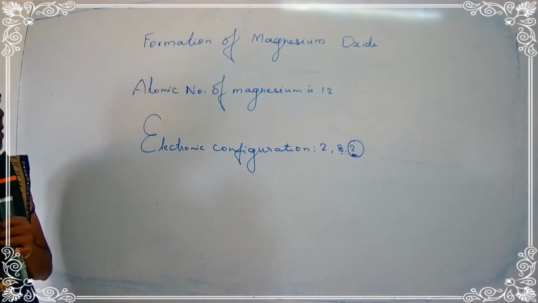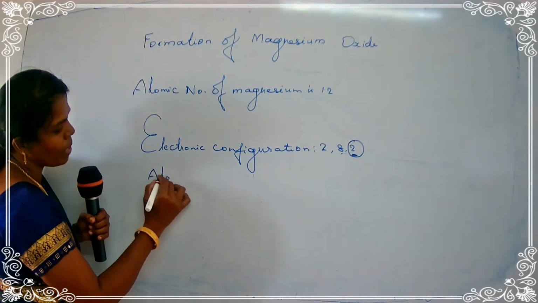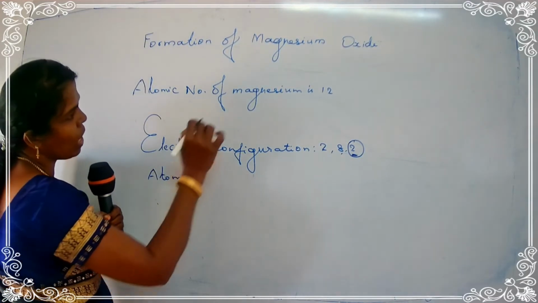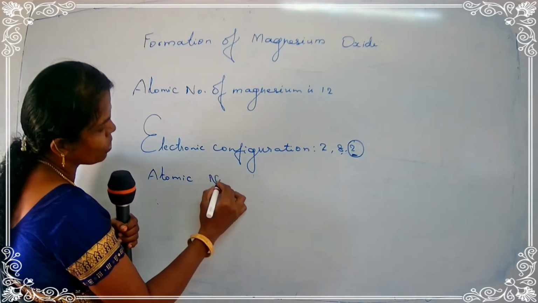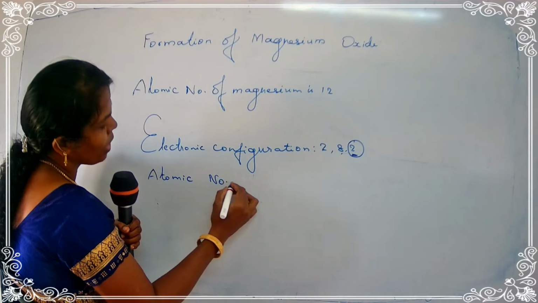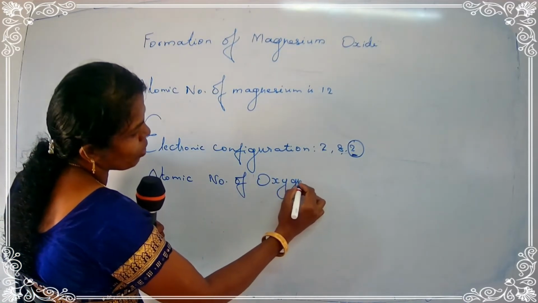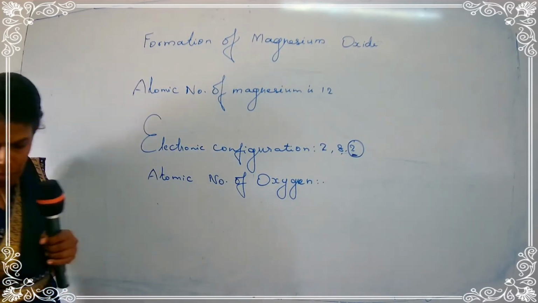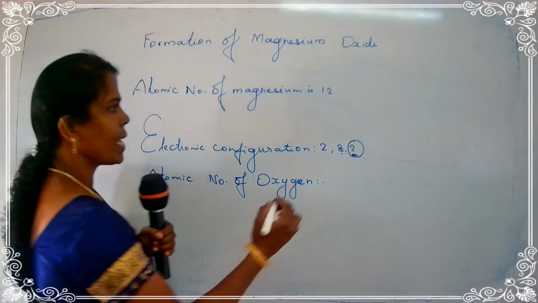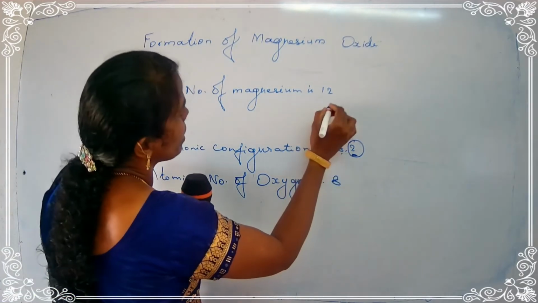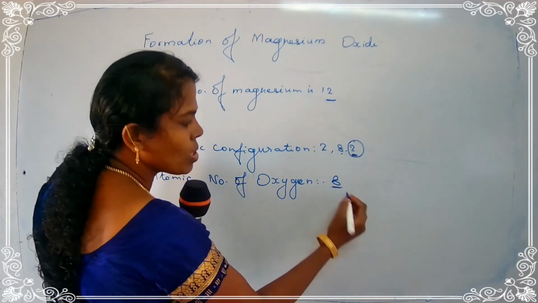Now we have to see the atomic number of oxygen. First we have seen the atomic number of magnesium, now we are going to study the atomic number of oxygen. What is the atomic number of oxygen? That is 8. The atomic number of magnesium is 12, but the atomic number of oxygen is 8.